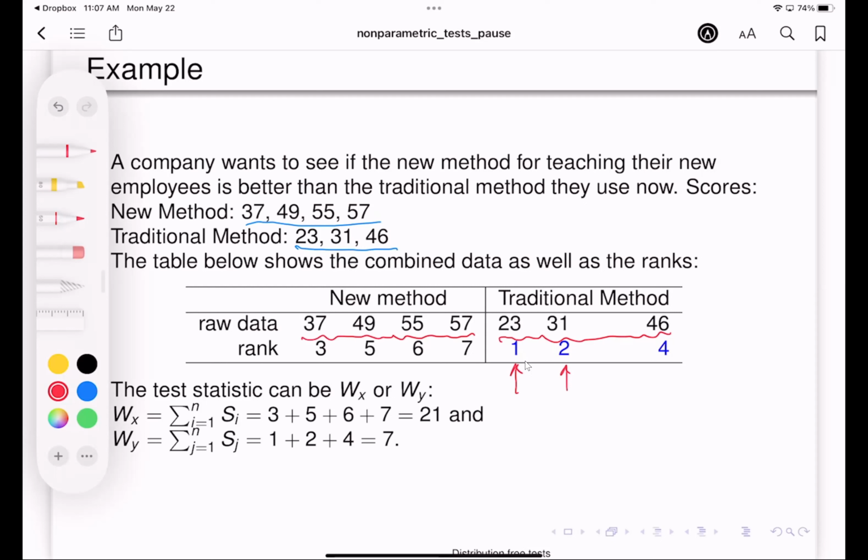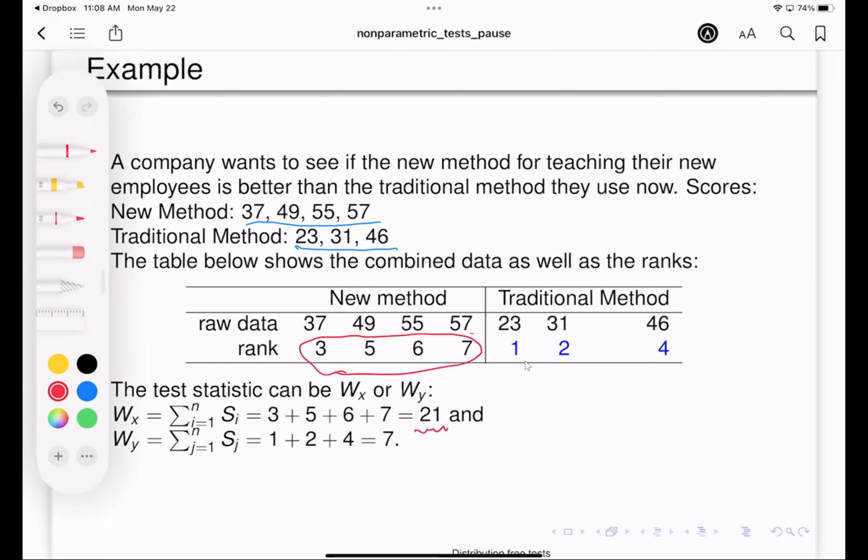When we consider the test statistic, we can sum all of the ranks from one sample. For example, if we simply take the sum of the ranks from the first sample, the new method, we will be summing up these values, 3, 5, 6, and 7. That gives us the sum of ranks from the new method being 21.